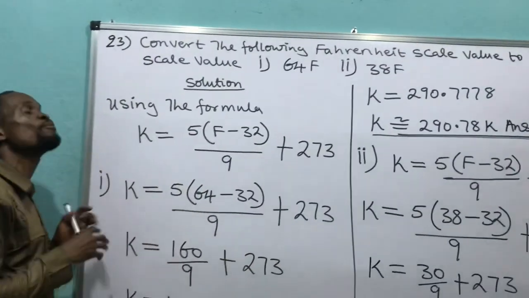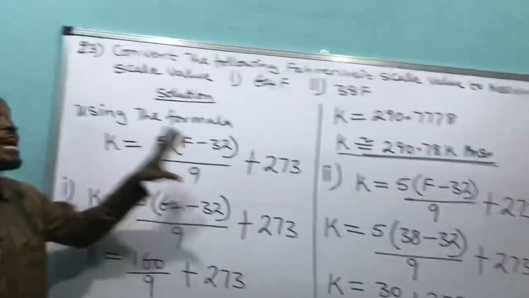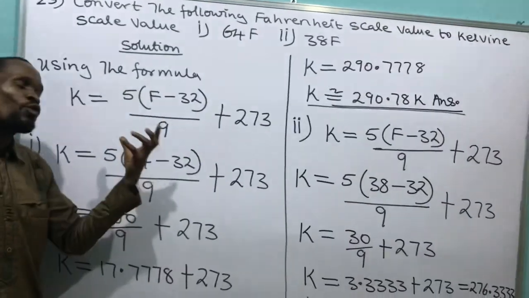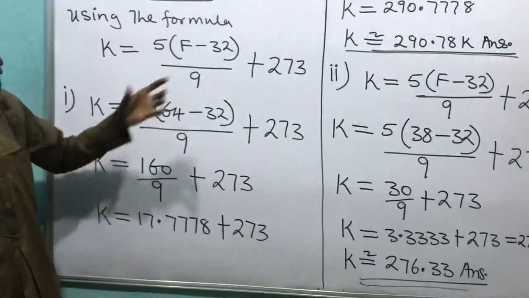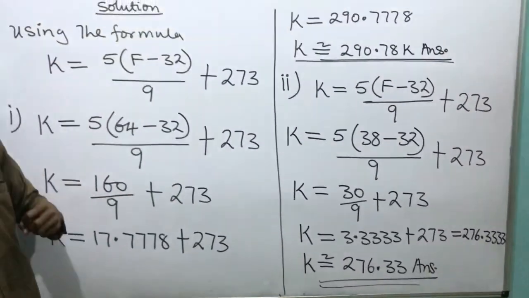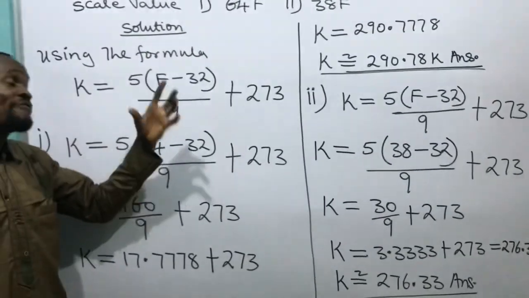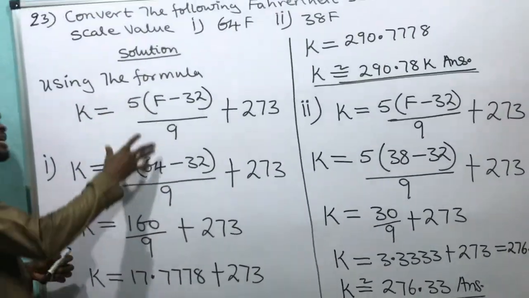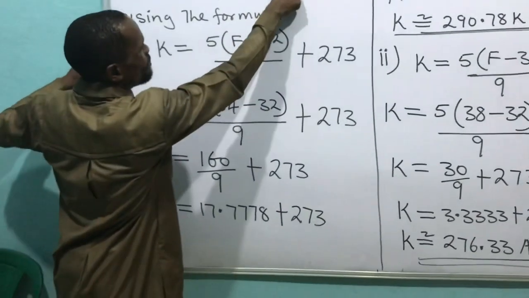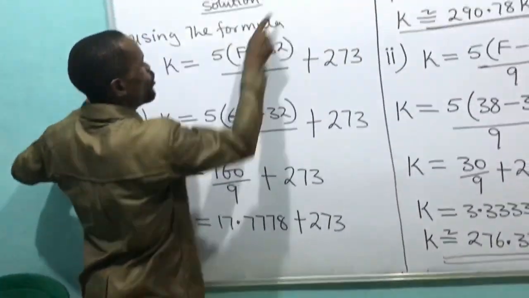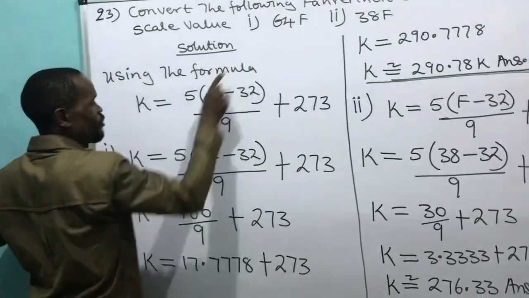We have already proved the relationship between Kelvin and Fahrenheit. This is what we finished before coming to this example. Therefore, we apply that relationship immediately because we have it offhand. We pull it down here, and now this F in this question, this F represents 64 in this case.